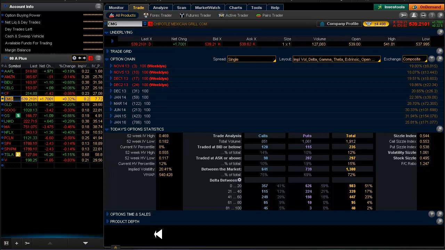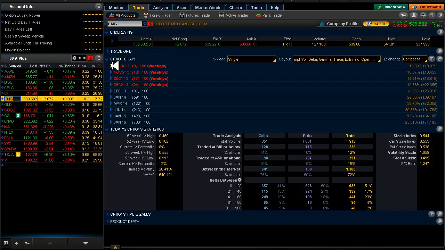The chief thing about the A plus list is it's weekly options, usually in penny increments, and we're looking for strike spreads that preferably, we like to keep it a dollar spread if the stock is under $200, and a $5 spread if it's over $200 between the strikes.